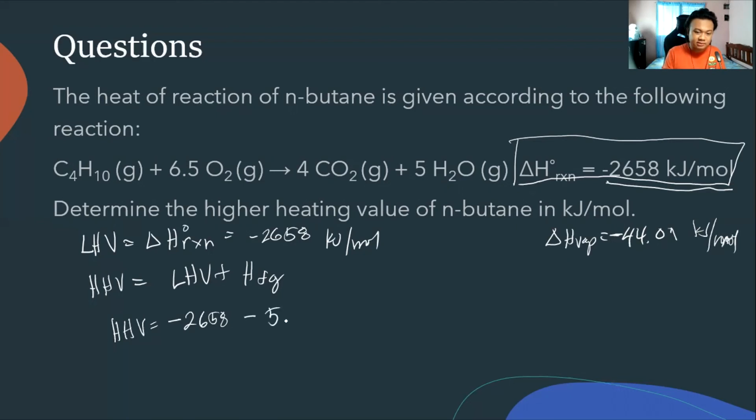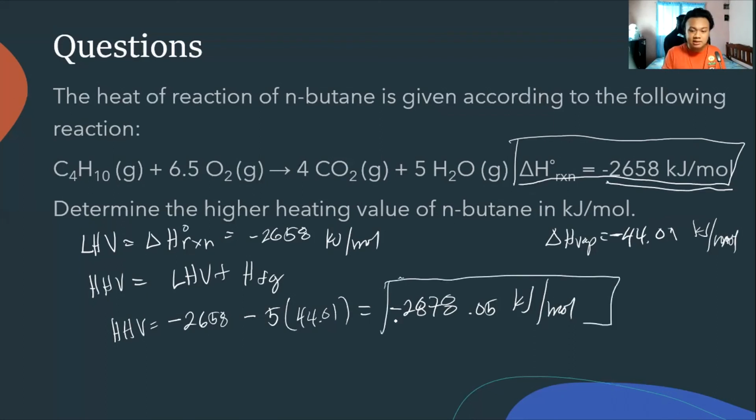We have 5 moles of water here, right? And then multiply that by 44.01, and then you can get your HHV to be negative 2,878.05 kilojoules per mole. So that's the answer of this problem.